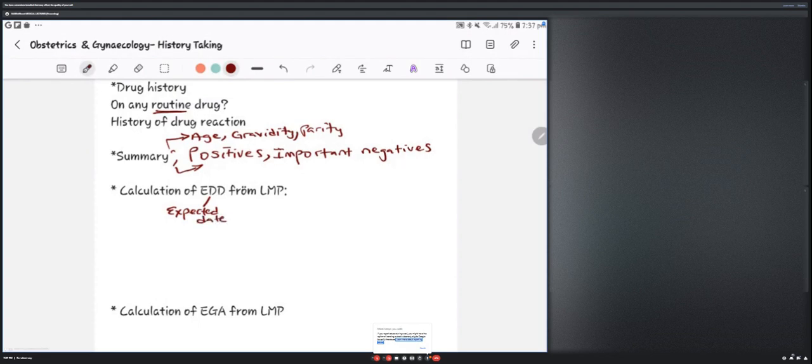And the LMP means what? Last menstrual period. I hope we're all following these terms I'm giving.